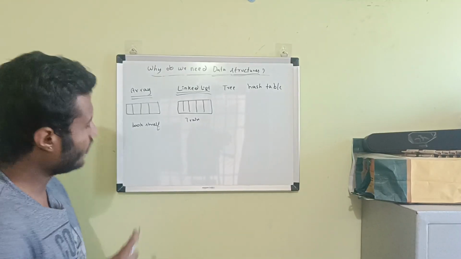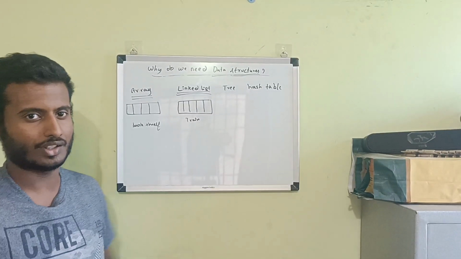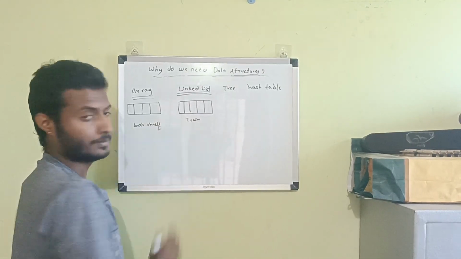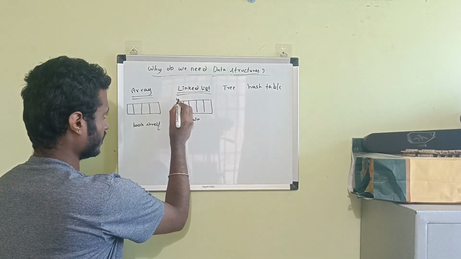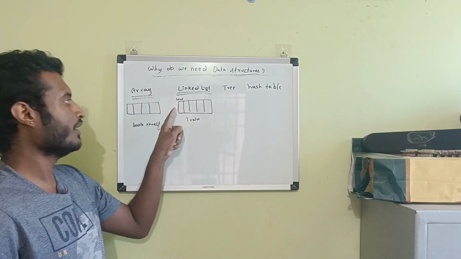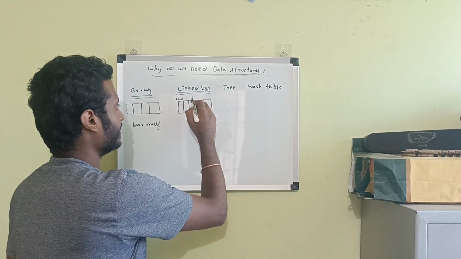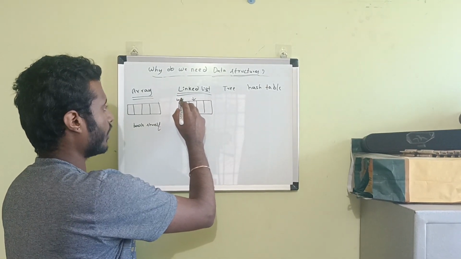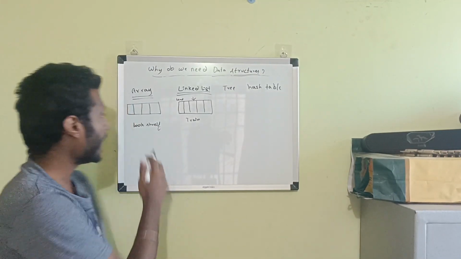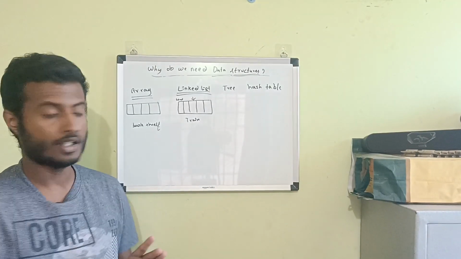But the problem with this is, to access or search anything, we have to count from the head. This is the head. So from here or here, we have to count. For example, to access this one, we have to count 1, 2, 3. Again, it's time consuming compared to this. So keep these things in your mind.